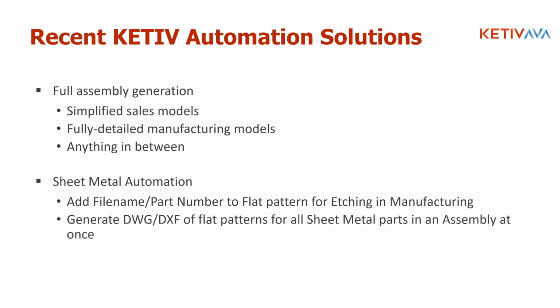Sheet metal in general, but some automation, things like adding a file name or part number to a flat pattern so you can etch it into the flat pattern in manufacturing later on. Generating DWGs and DXFs of flat patterns of, say, a full assembly full of sheet metal parts, so that you can generate a DXF or DWG package for your manufacturing group. So these are the types of things I typically work on.